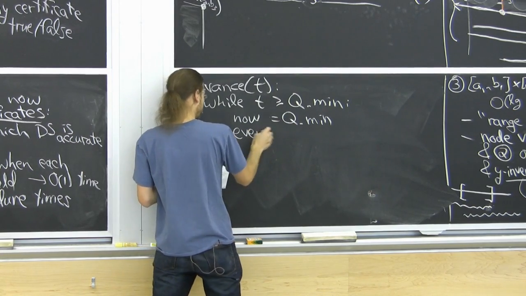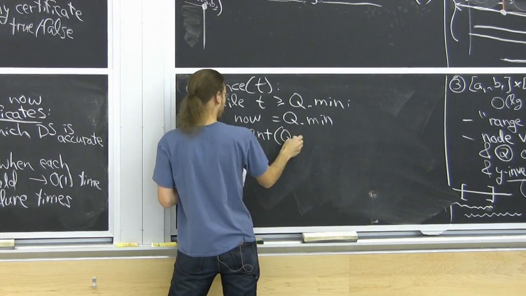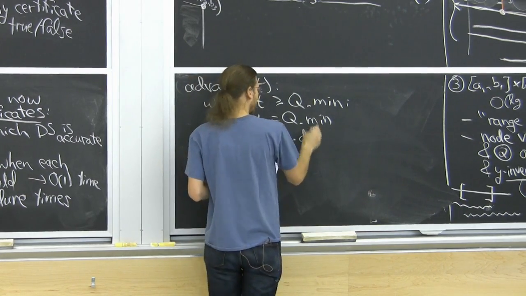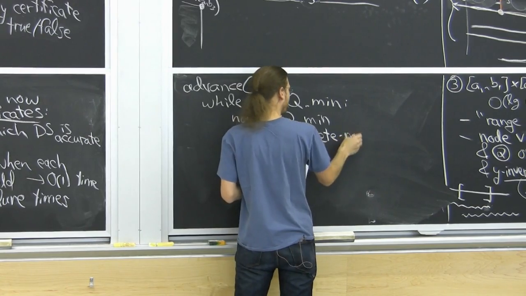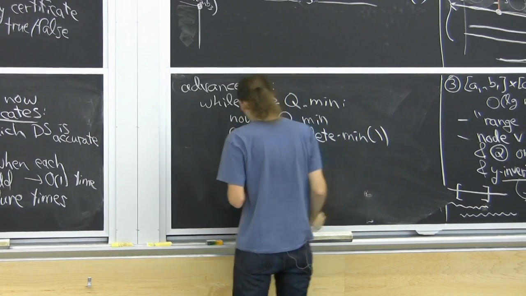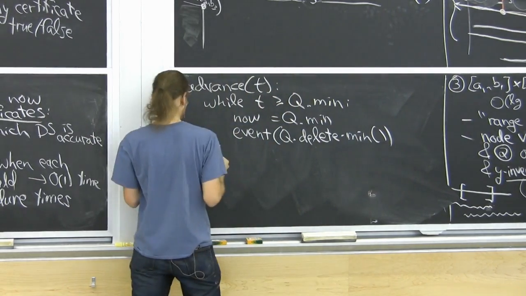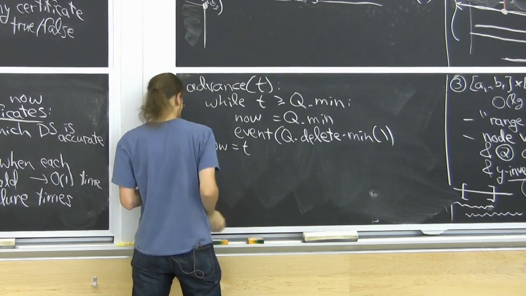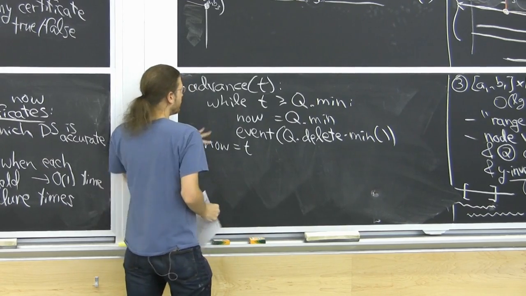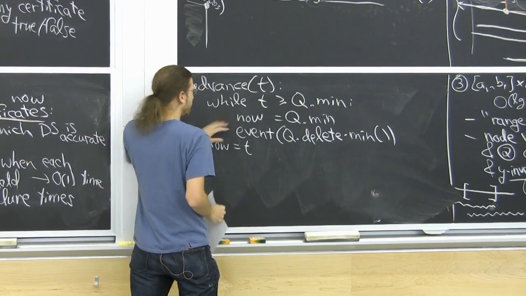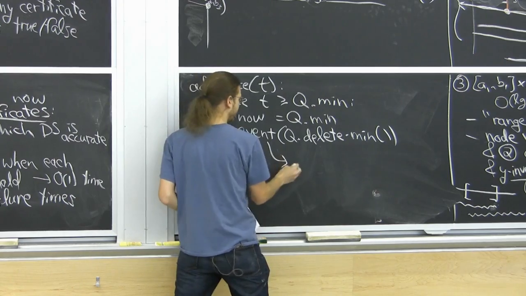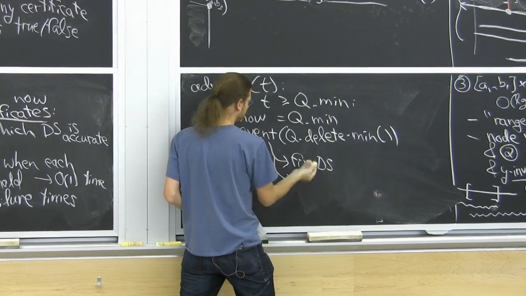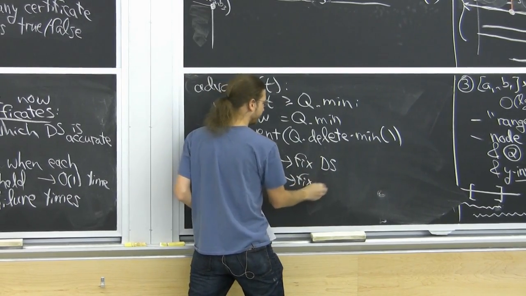We do an event. And then we set now to t. And this event thing has to somehow fix the data structure and fix the certificates.